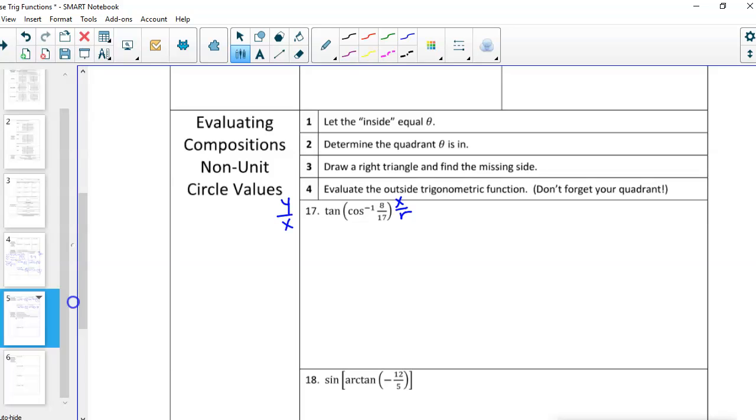So that means we need to find y before we do anything else. Our ranges still apply here. Right now, this is a positive value. Which quadrant is it in? 1. So our answer is going to stay in that quadrant.